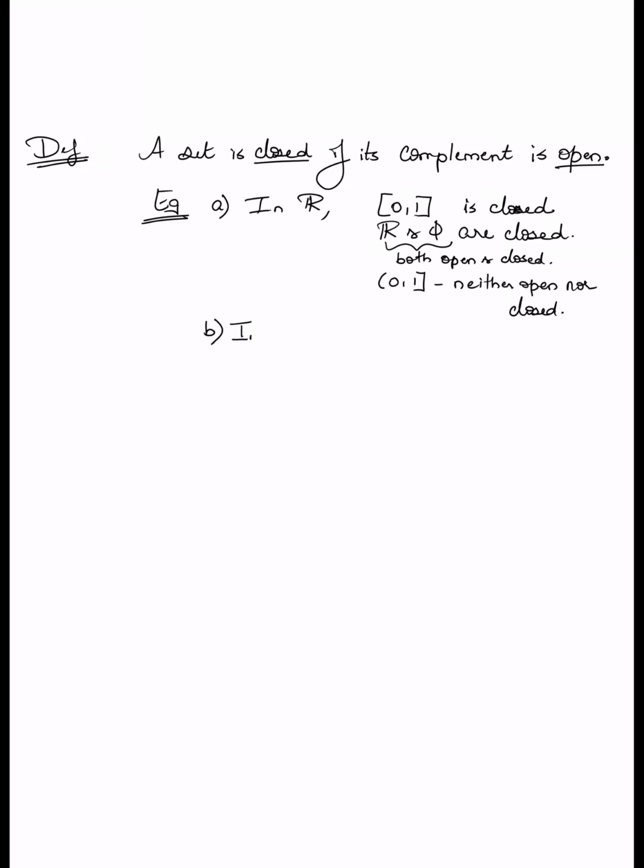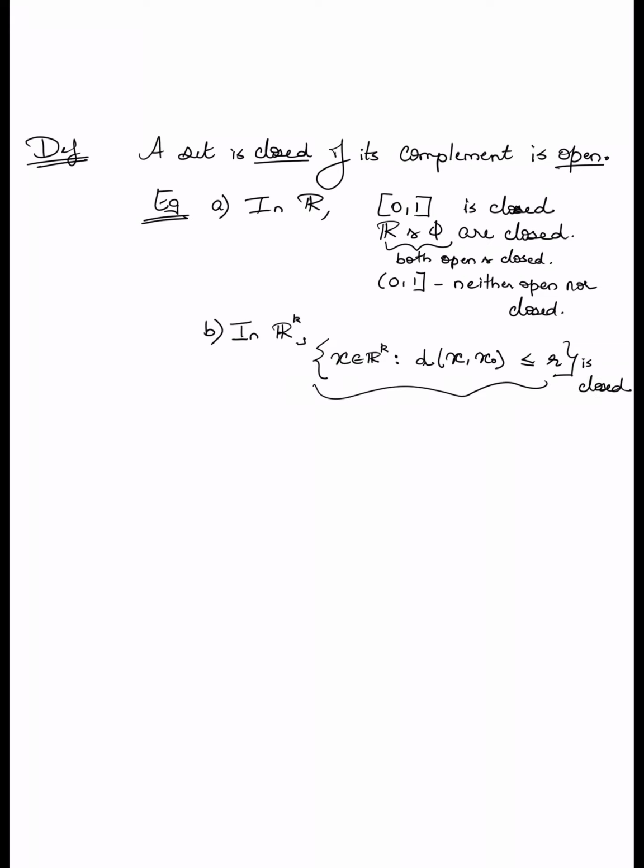So in R^k, like we defined an open ball before, it's also possible to define a closed ball. So a set of the form d(x, x naught) less than or equal to r is closed.